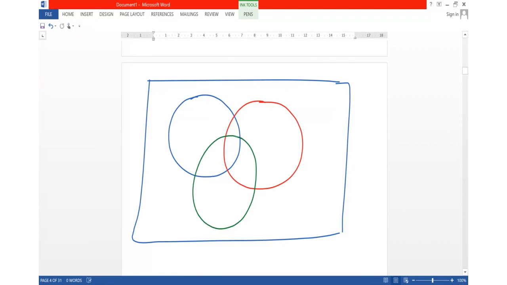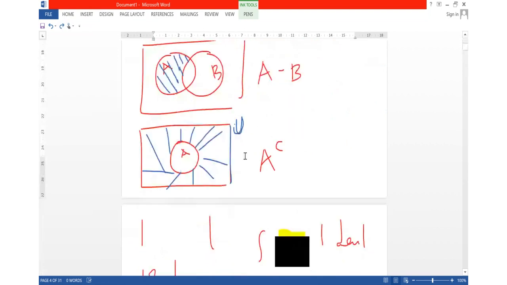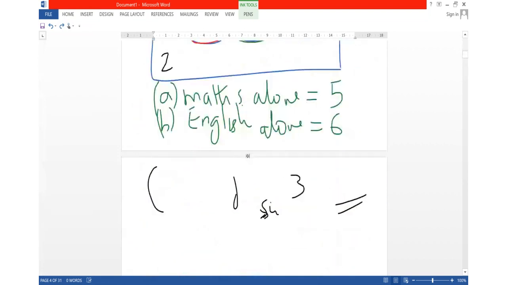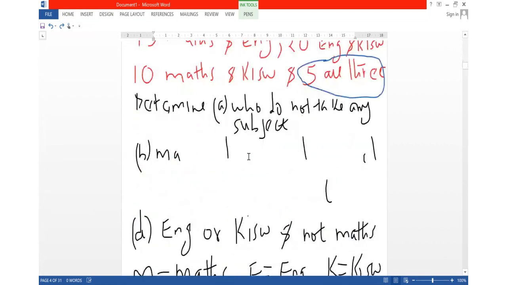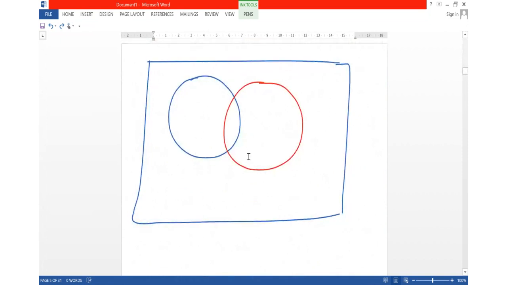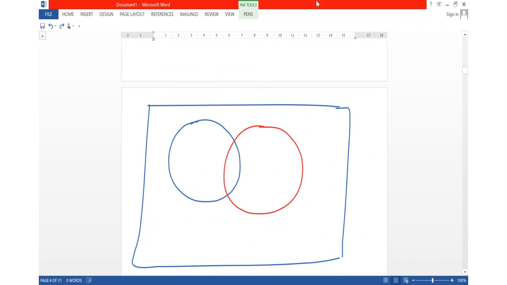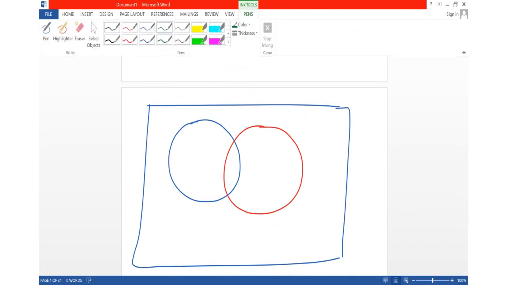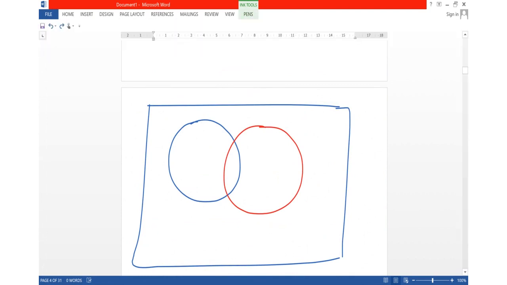The pen is refusing. Like that for the sets.